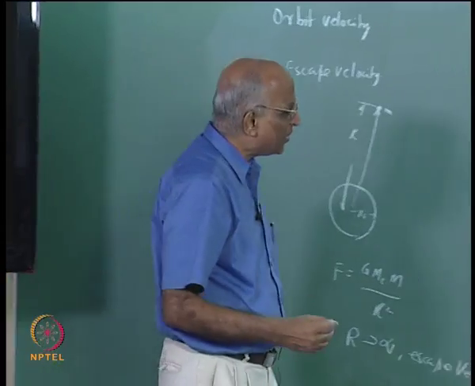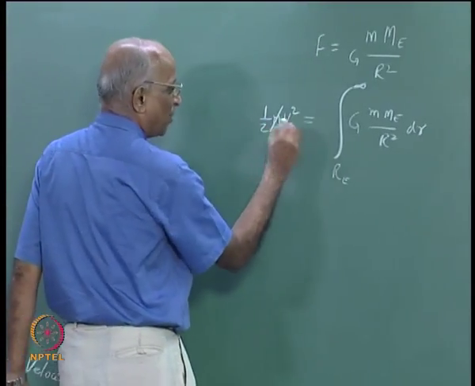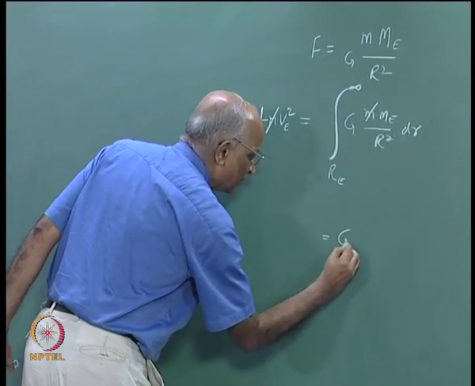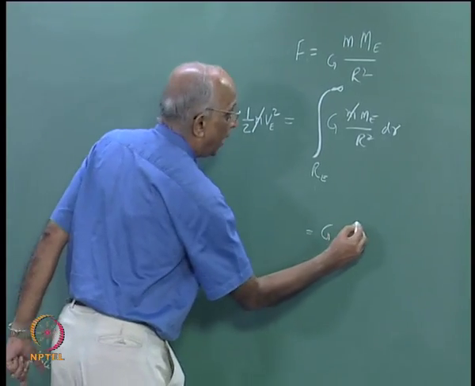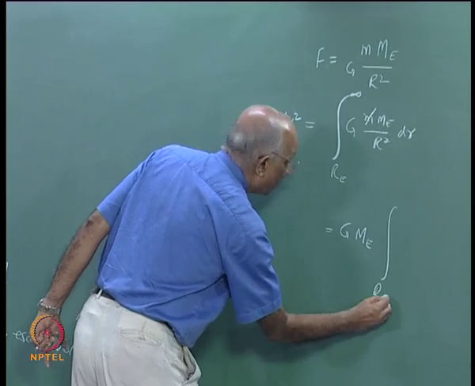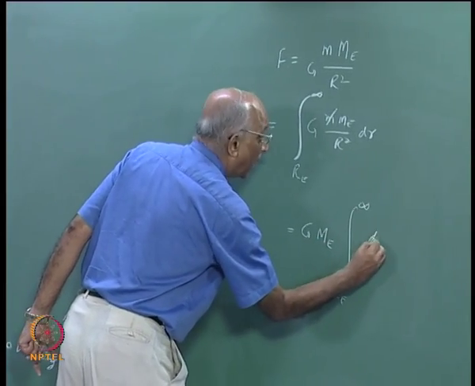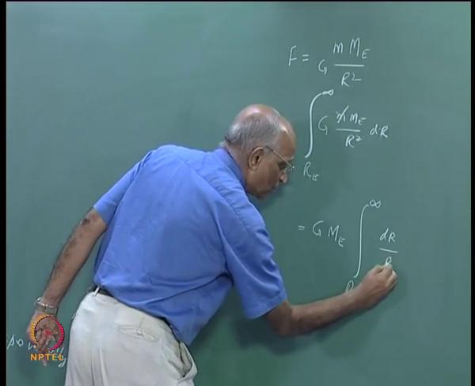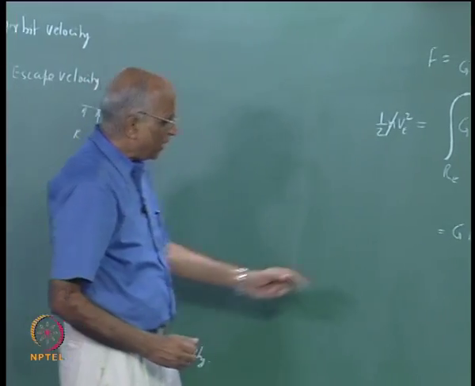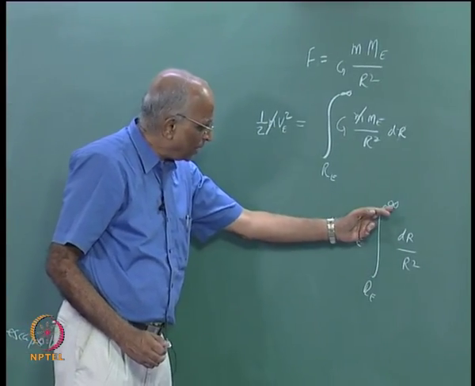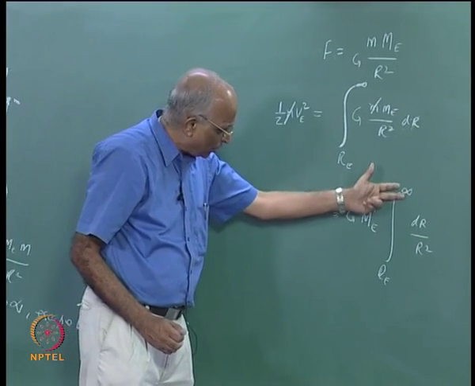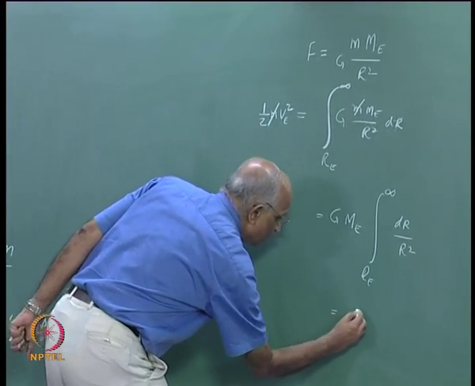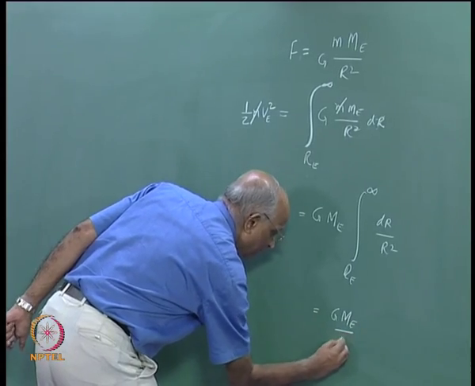Let us find out what this is. We find that the mass of the body cancels out, and G M_e by r squared, I write G M_e, integrated from r_e to infinity of dr, I am sorry, this should have been the small increment in radius, divided by r squared. If I integrate this, it is minus 1 over r, and at infinity I get 0 minus 0, so now I get minus of minus 1 over r_e, and this becomes equal to G M_e by r_e.